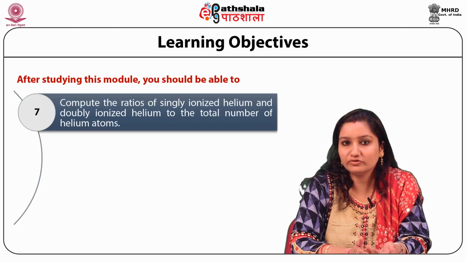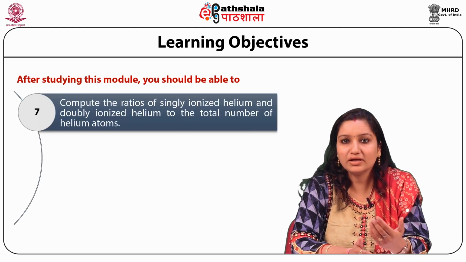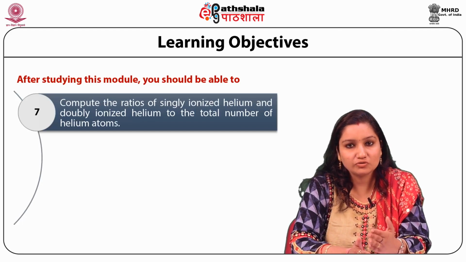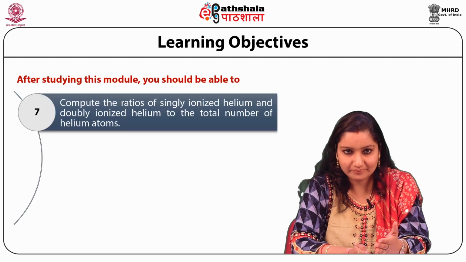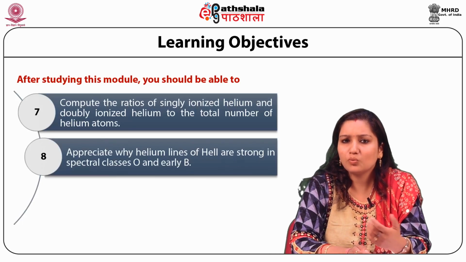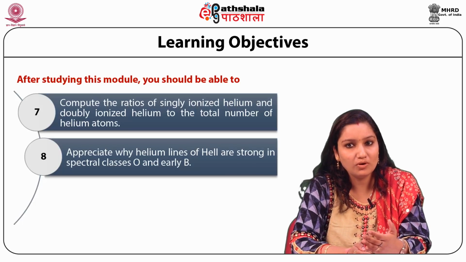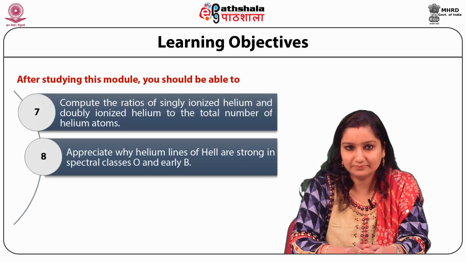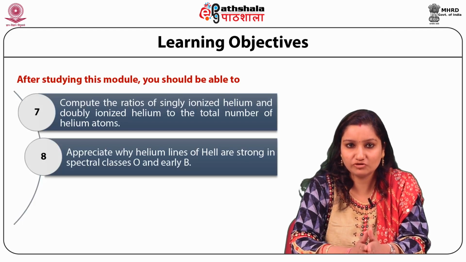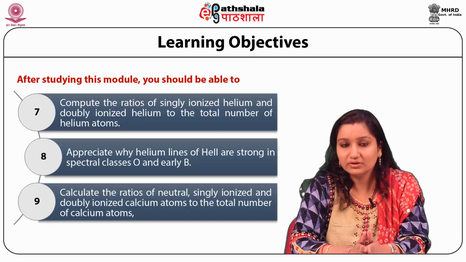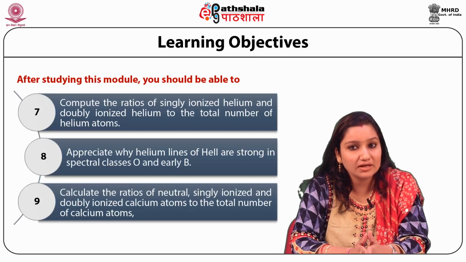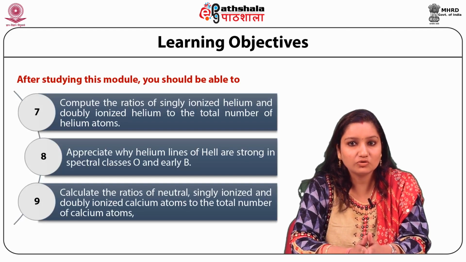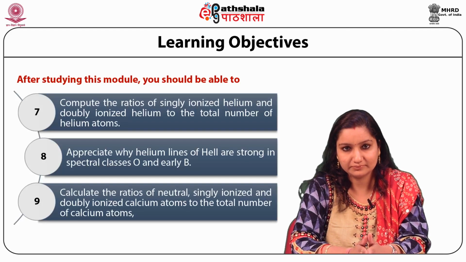You'll be able to compute the ratios of singly ionized helium and doubly ionized helium to the total number of helium atoms. You will appreciate why lines of helium-2 are strong in spectral classes O and early B. After studying this module, you will be able to calculate the ratios of neutral, singly ionized and doubly ionized calcium atoms to the total number of calcium atoms.